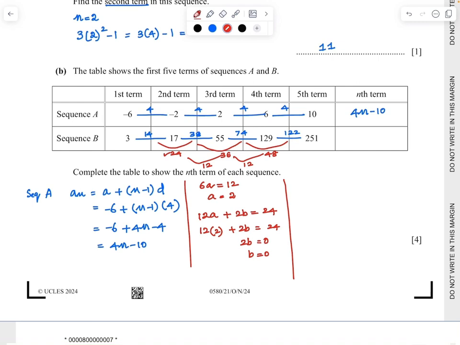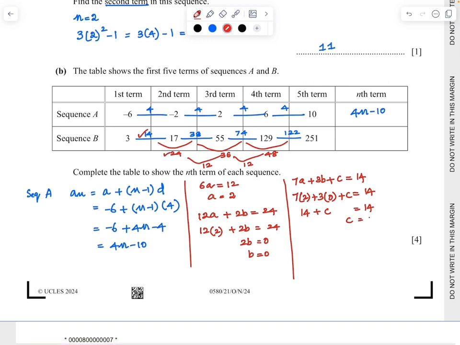Next, the third difference, 7a plus 3b plus c is equal to 14. 7 times 2 plus 3 times 0 plus c is equal to 14, and 14 plus c is equal to 14.